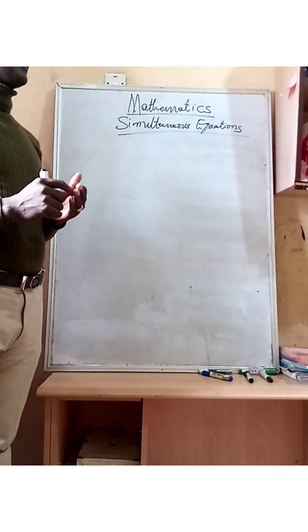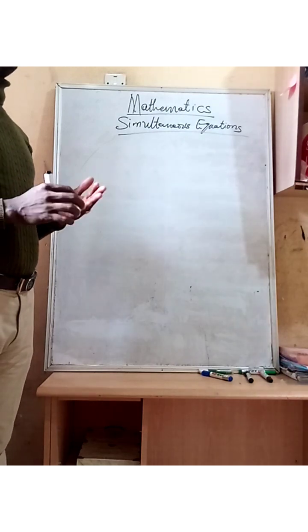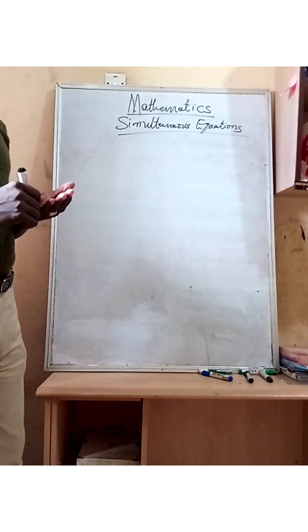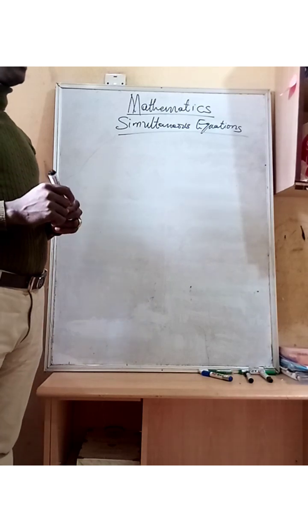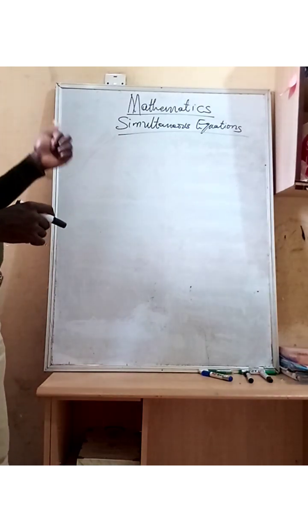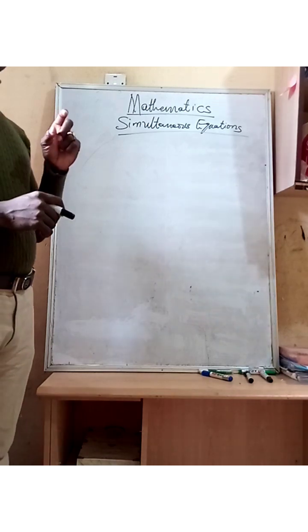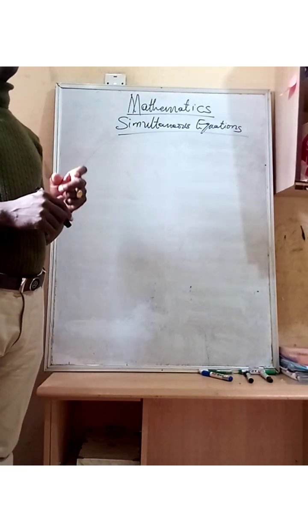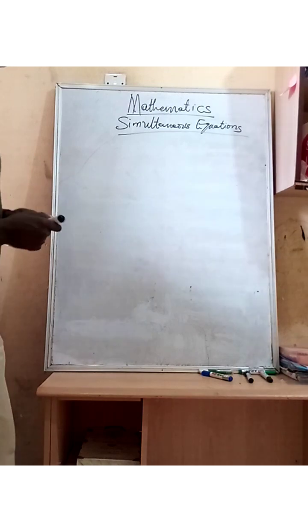As a matter of fact, it can extend up to 4 variables depending on the level of mathematics at which the topic is being discussed. But at the intermediate level, I'm only going to discuss the ones that involve 2 variables.